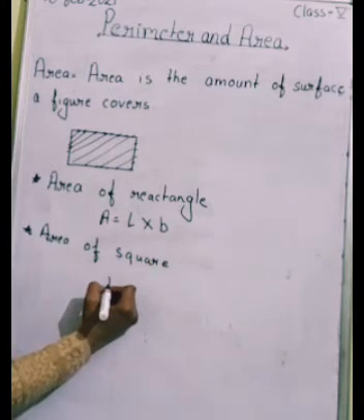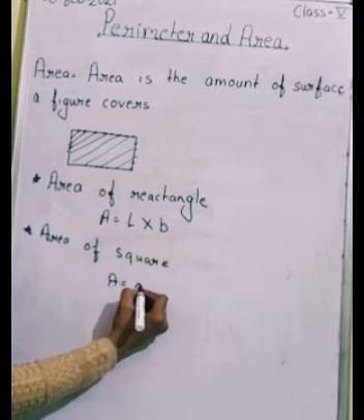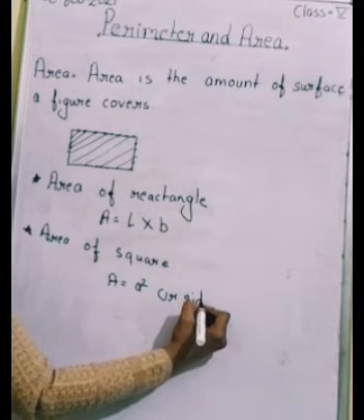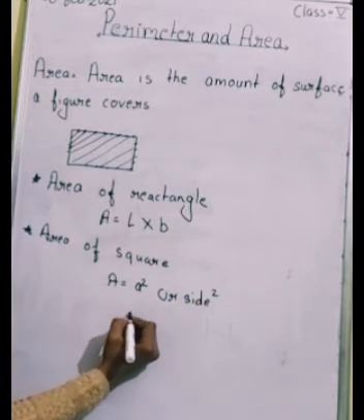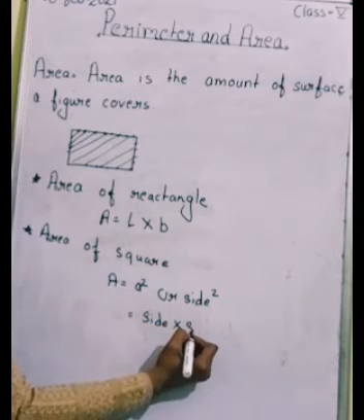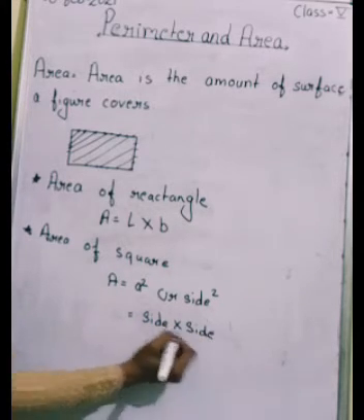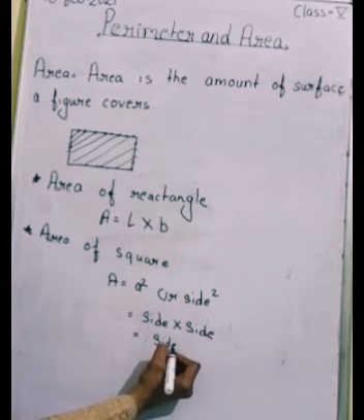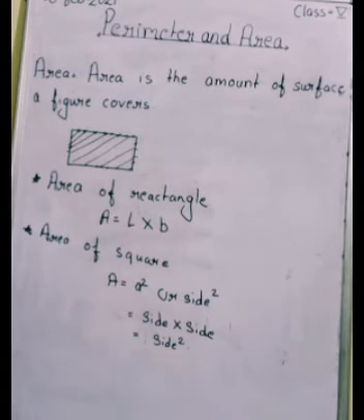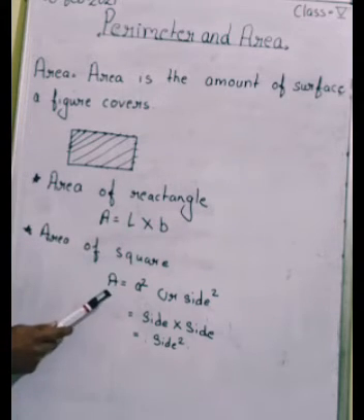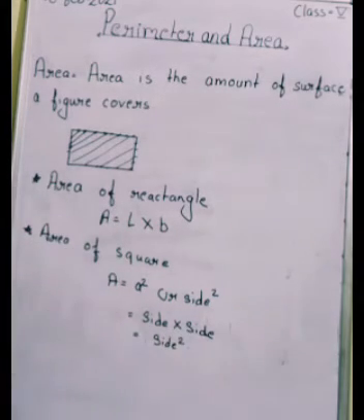Area of a square is given by the formula a square, or you can say side square, which means side into side. So when you multiply the side two times, it will be side square. Clear? So these are the two formulas of area: area of rectangle is equal to length into breadth and area of square is equal to side into side.